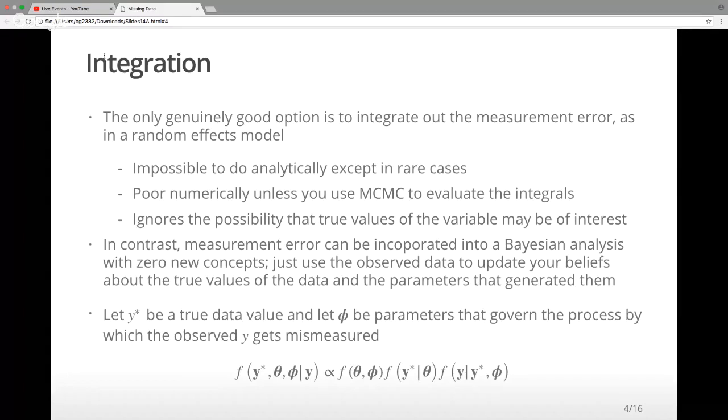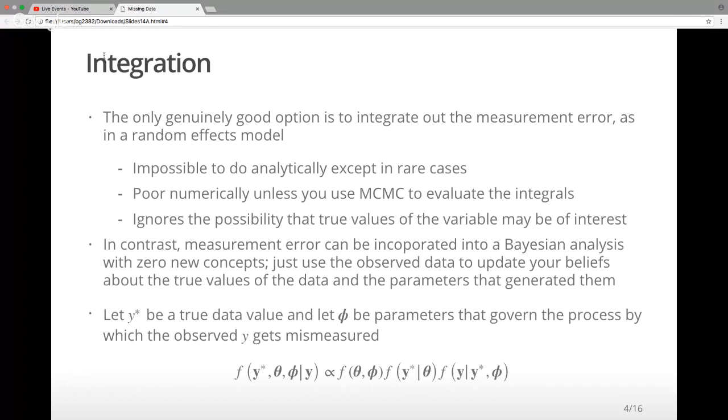multiplied by a conditional PDF for the true data, given theta, the parameters that go into the data generating process, multiplied by a conditional PDF for the observed outcome that we actually have data on, conditional on the true data that Y is attempting to measure, and the parameters that govern whether it is measured better or worse.